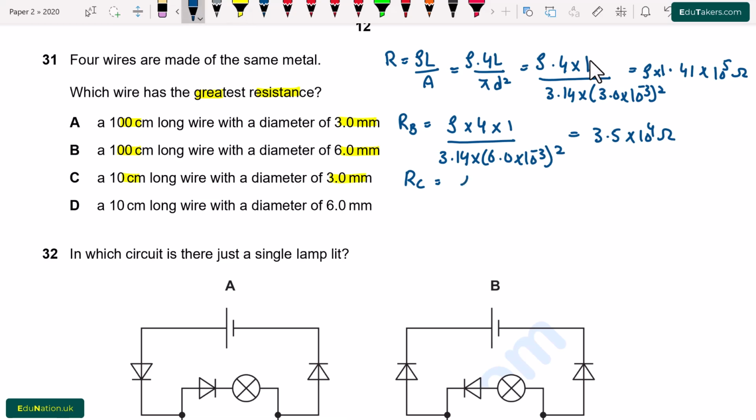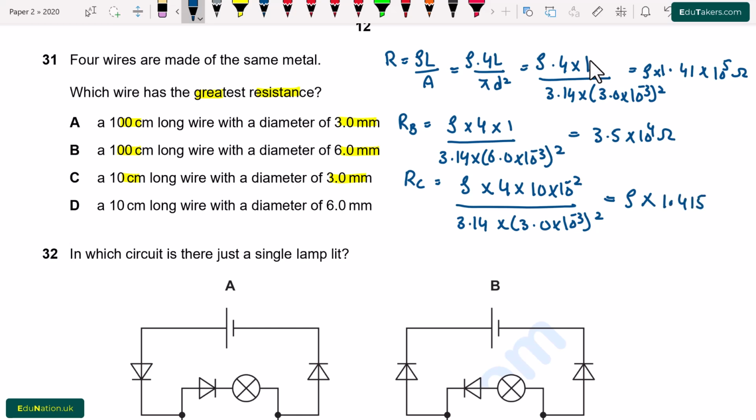So I write here resistivity multiplied by 4 and 10 × 10^-2 divided by 3.14 times (3.0 × 10^-3) square. It will be equal to resistivity multiplied by the value of this term, which is equal to 1.415 × 10^4 ohms.